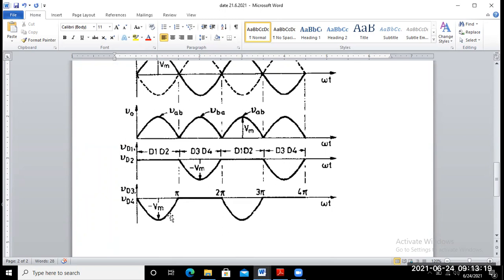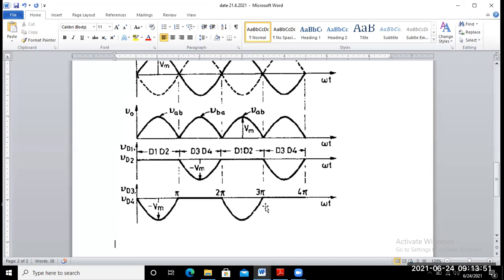And again, from pi to 2 pi, the diodes D3 and D4 become forward biased. During this period these diodes conduct, so the voltage across D3 and D4 is 0 from pi to 2 pi.